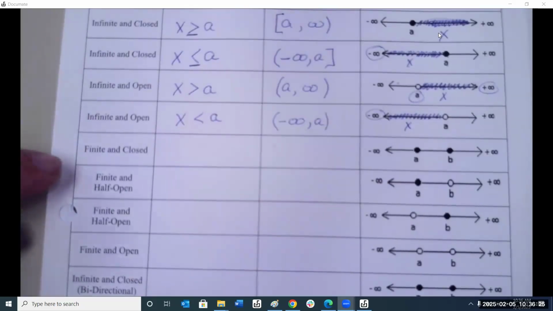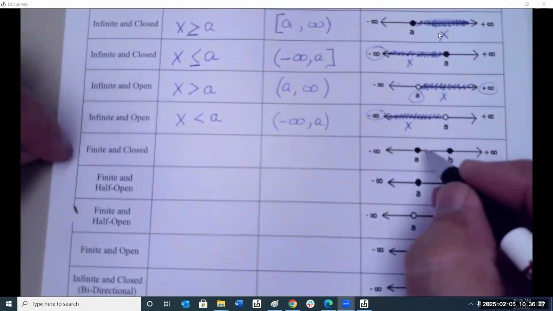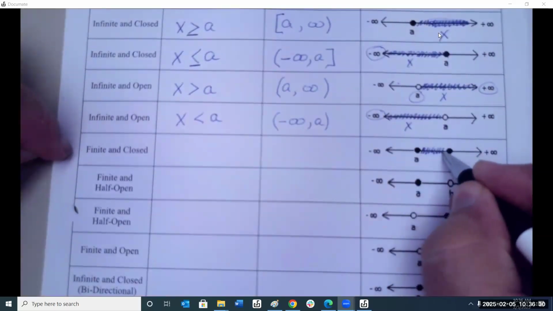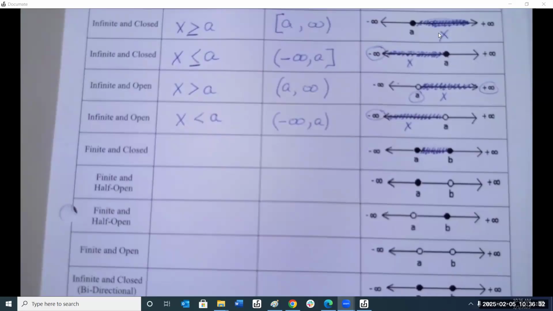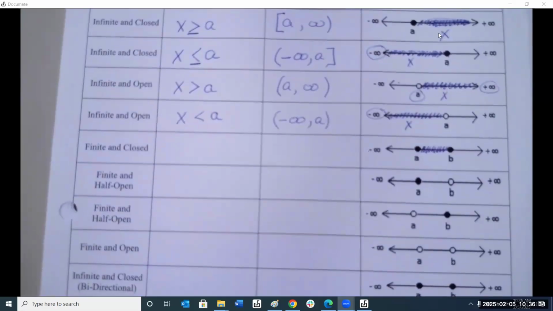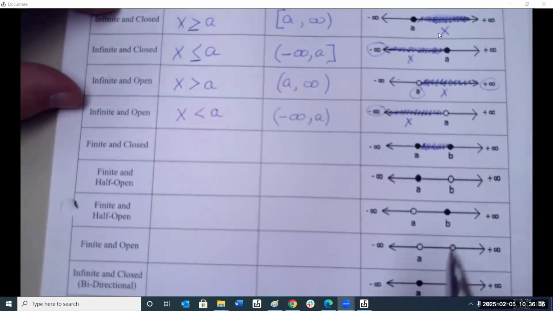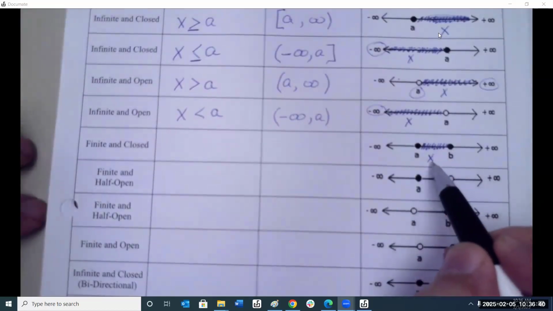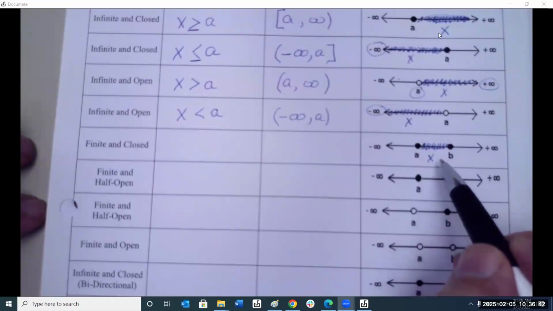Now, the next two, I'm going to go between numbers. They're finite, they don't go forever. Remember, these are my X's. So where is X in this one? It's in the middle.